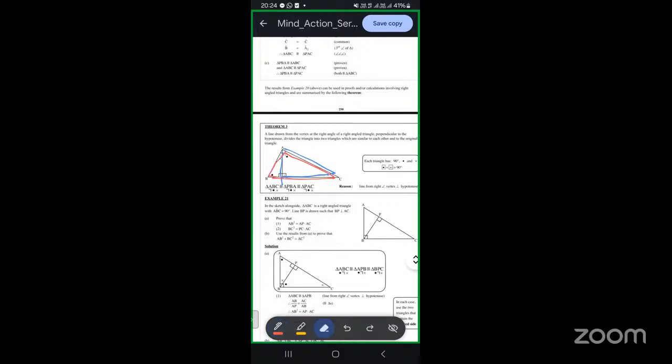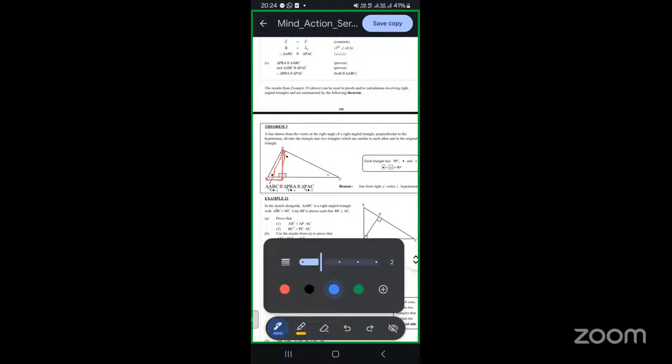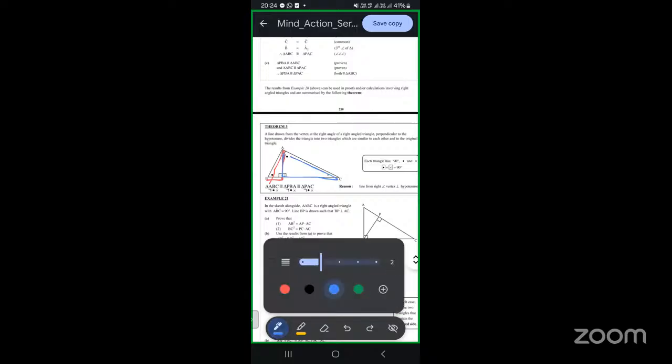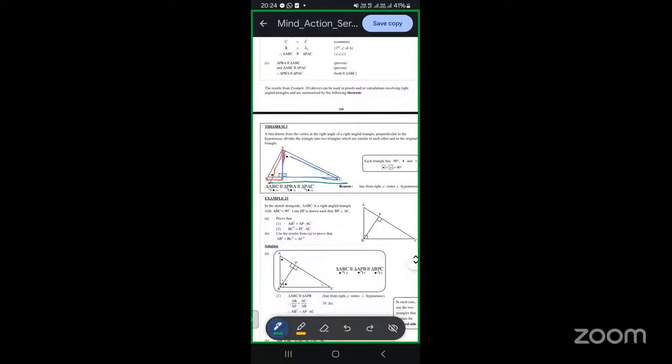Okay. And then we also proved that this triangle is similar to this triangle. Okay. And then we came to the conclusion that now this triangle here, this one, will be similar to this triangle. Why? Because they both are similar to this triangle.